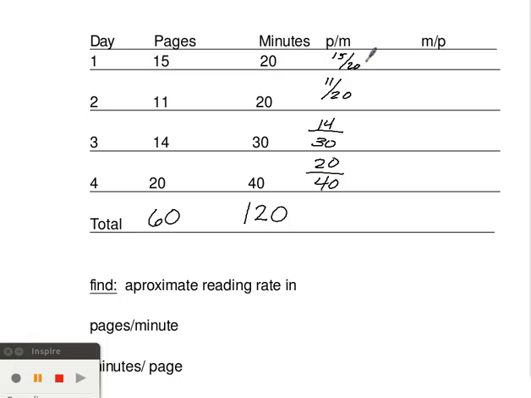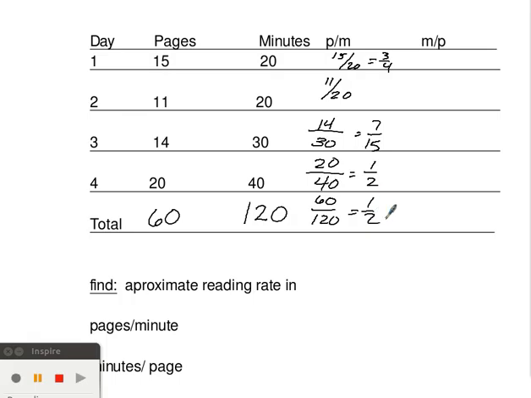The next thing you should do is go back and reduce any fraction that you can. So this is 3/4, this is 7/15, and 1/2. And also, if you look at your total pages to total minutes, it also reduces to 1/2.